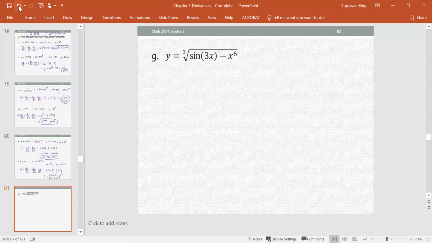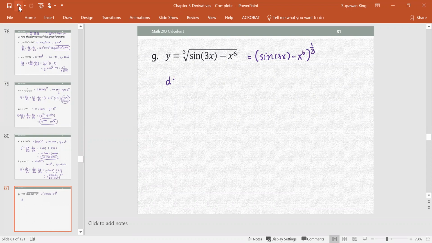The last example, y equals the cube root of sine of 3x minus x to the 6th. This one we can treat as the quantity sine of 3x minus x to the 6th to the power 1 over 3. And then we're going to use a different version of the chain rule to find the derivative, since the inner function has another composite function involved.